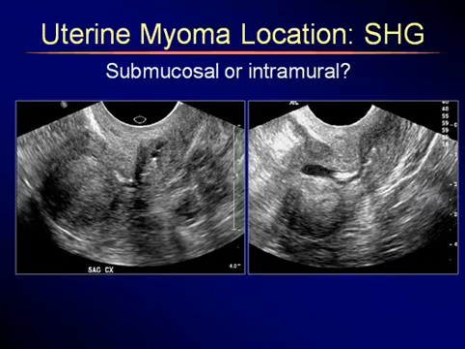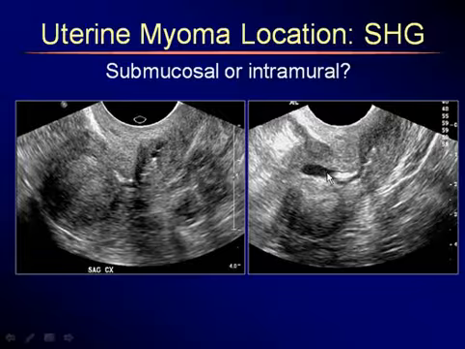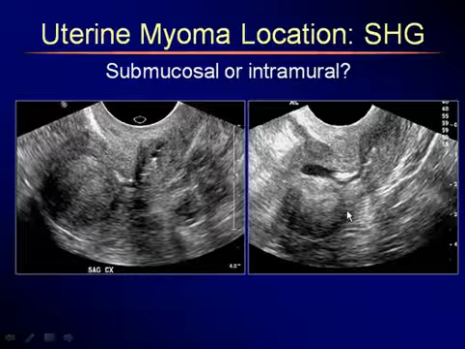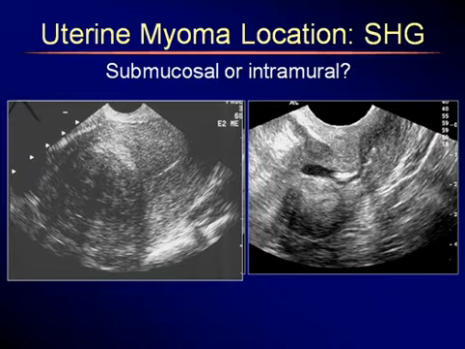Sonohysterogram helps us. Fluid delineates the cavity, and the myoma is seen to be completely intramural with no submucosal component. So the endometrium is cleared, and this patient's myoma is hopefully going to regress some more.